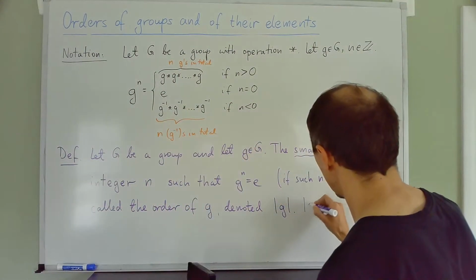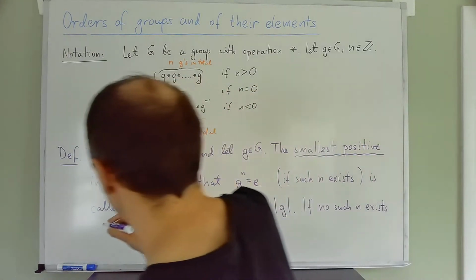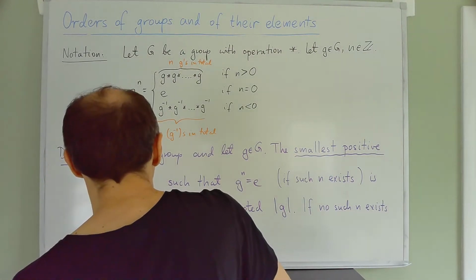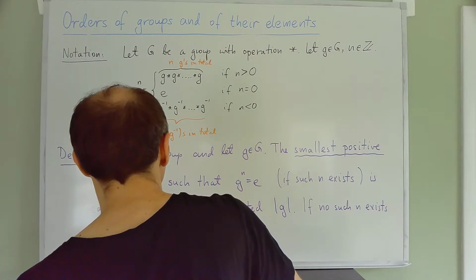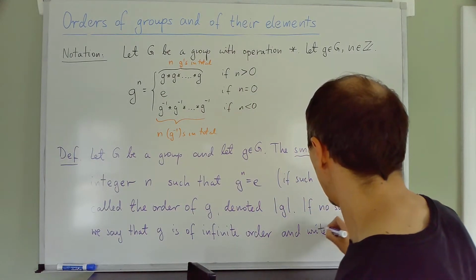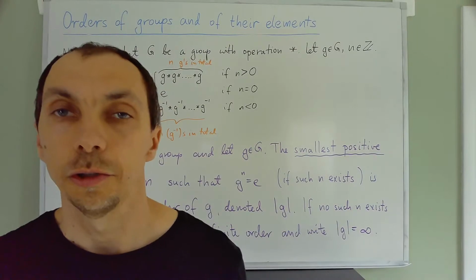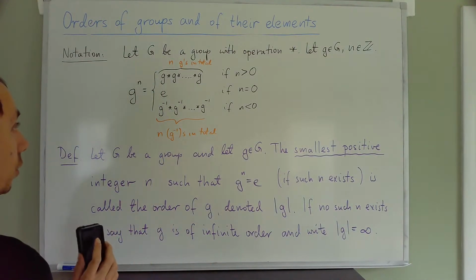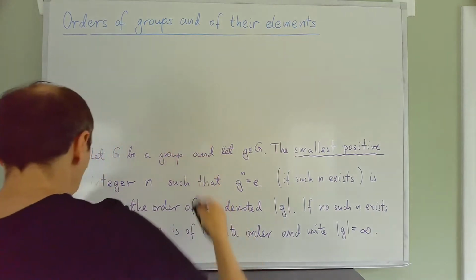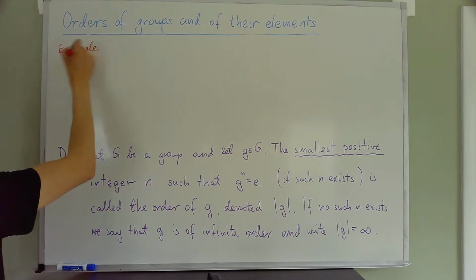If no such n exists, we say that g is of infinite order, and write the order of g is equal to infinity. So let's do a few examples. One.